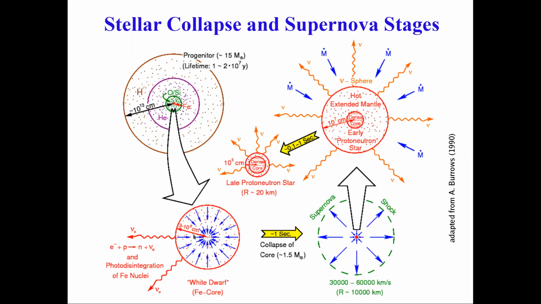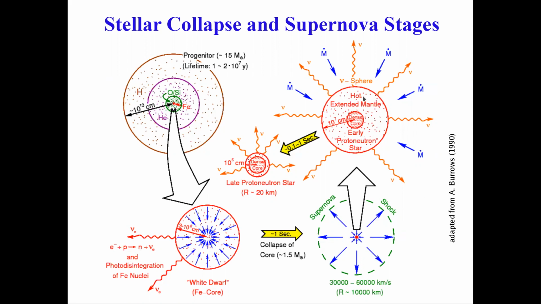And then this core starts to become unstable, gravitationally contracts, and within less than a second, it dynamically collapses to a neutron star. A shock front is launched, at least if the supernova is successful, explodes the overlying stellar material, ejects all of the mass except for this neutron star, which forms at the center.